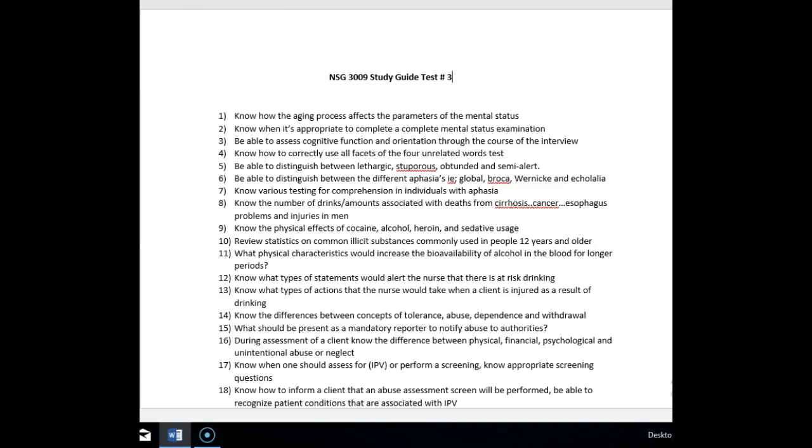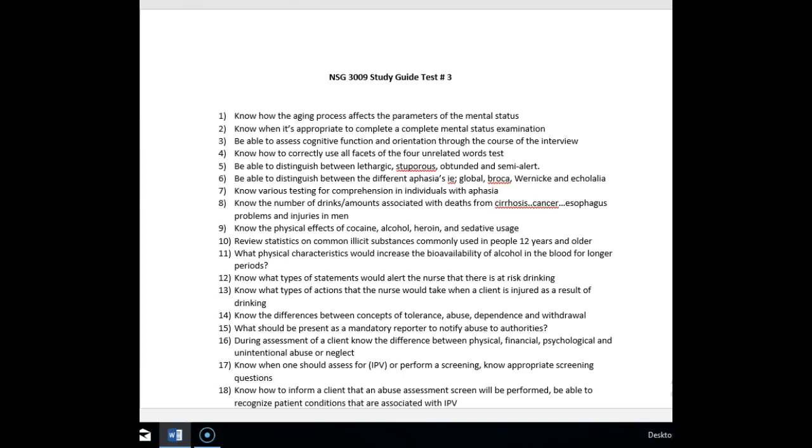Marijuana, they'll have reddened eyes. They may have tachycardia, where with cocaine it could go either way. They'll have dry mouth, increased appetite, especially for junk food, loss of coordination and balance.